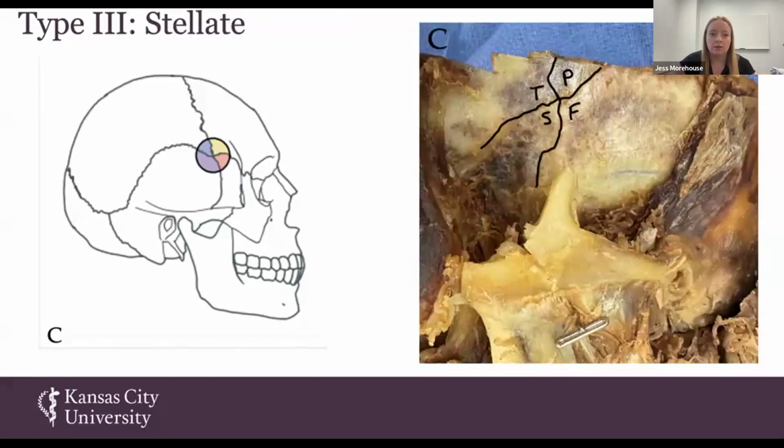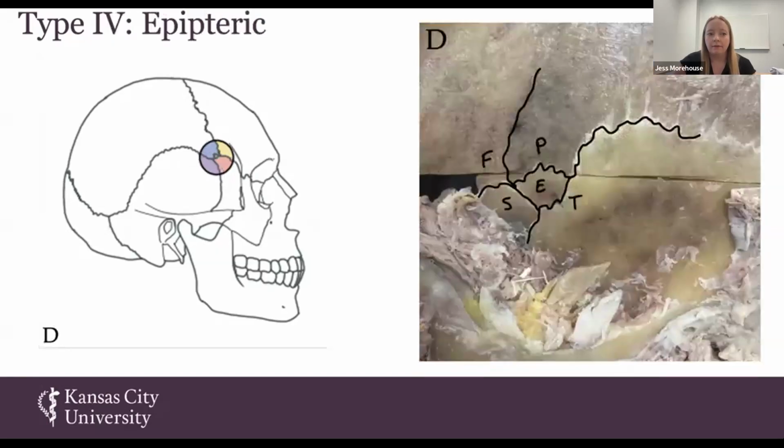Type 3 Pterions are also known as stellate, which form an X shape or a star shape on the lateral aspect of the skull. And in this type, you have all 4 bones that are in direct contact with each other. And then the 4th type is the epipteric Pterion. And these are going to exist when there's an extra bone or an epipteric bone within the suture line of the Pterion.